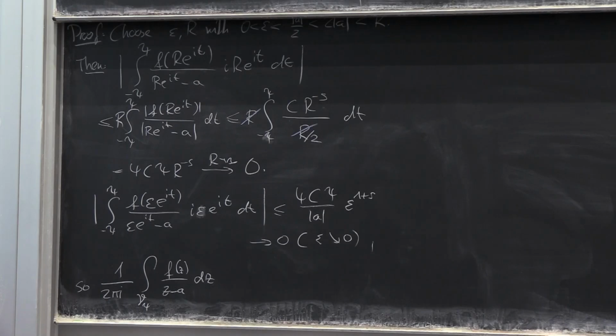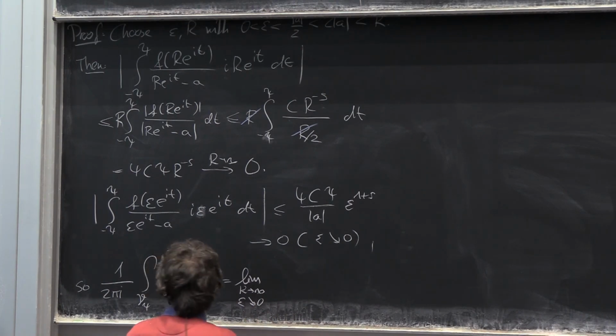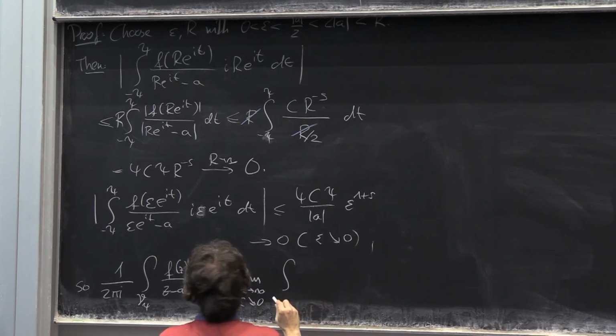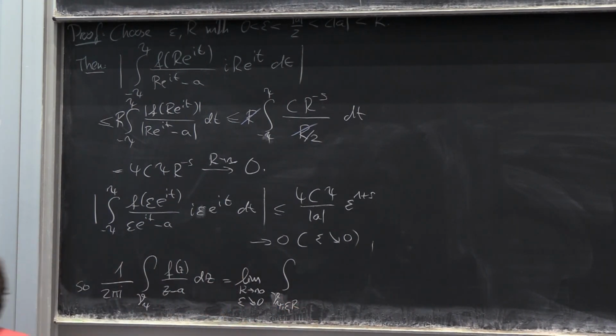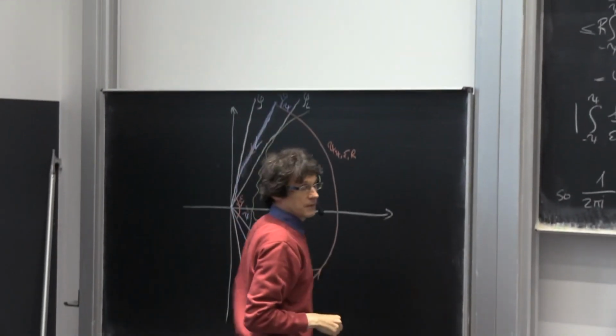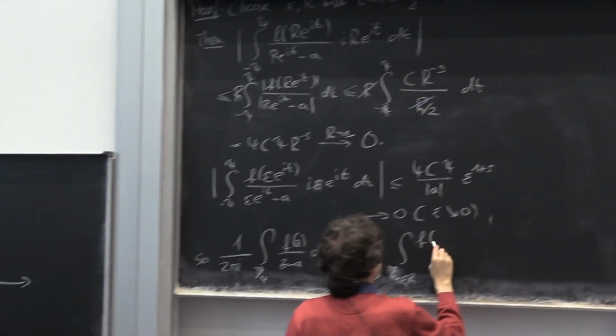I want to write this as a limit r going to infinity and epsilon dropping to 0 of the same thing along this red curve, gamma psi epsilon r. So this is this blue-red curve there, our bounded curve, over the same integrand.